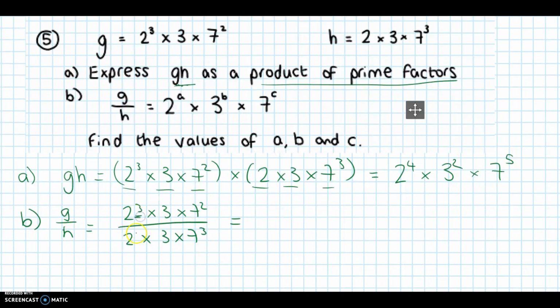So 2 cubed divided by 2 to the 1. So 3 take away 1 will be 2 squared. This is 1, take away 1 in the 3, so they'll just cancel. So that'll be 3 to the power of 0. And then 7, we've got a squared, take away cubed, so 2 take away 3 is minus 1. So A is 2, B is 0, C is minus 1.